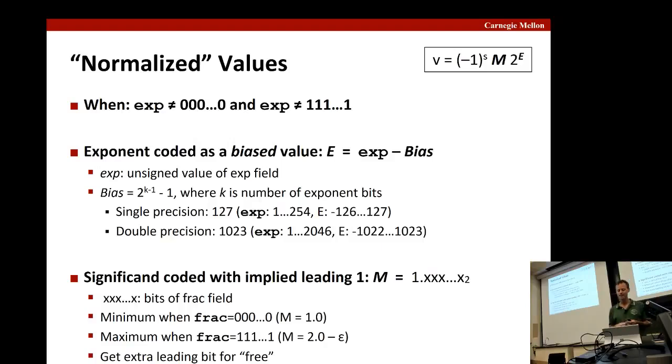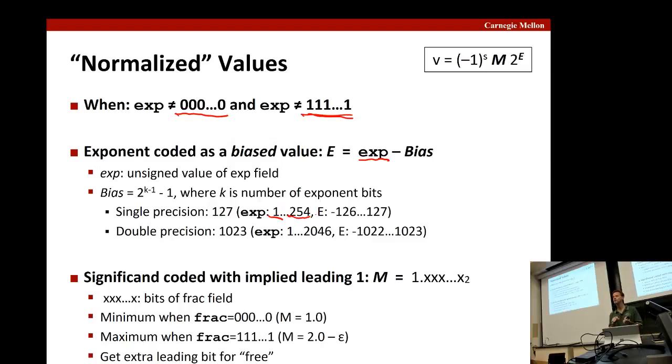When you look at the bits that are actually there, you subtract off this bias. The bits are interpreted as an unsigned number that ranges, because we're not in those two special cases, from 1 to the largest number you can hold in that many bits, minus the all-ones pattern.